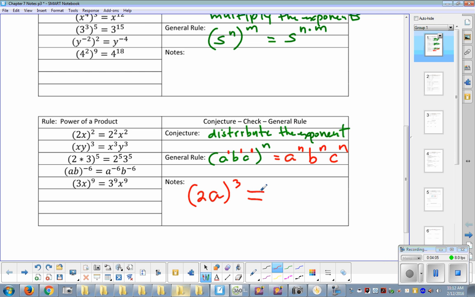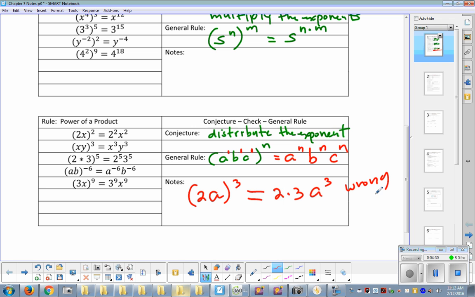I'm just showing you something that you don't need to do. 2 times 3a raised to 3. Don't do this one. Remember that we are only multiplying the exponent to the other exponent. We are not allowed to multiply the exponent to the coefficient. That's wrong.